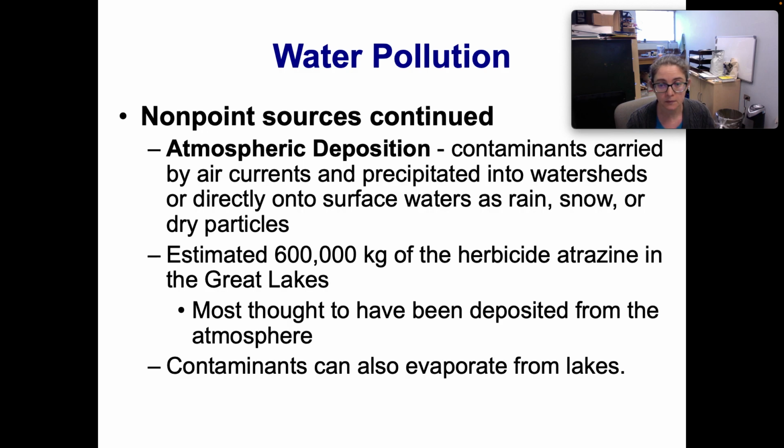So a lot of that gets moved around. There's also atmospheric nitrogen deposition. So some nitrogen falls all over the land surfaces and the water surfaces just from the nitrogen in the air. And that's not nitrogen gas, generally more like nitrous oxides.